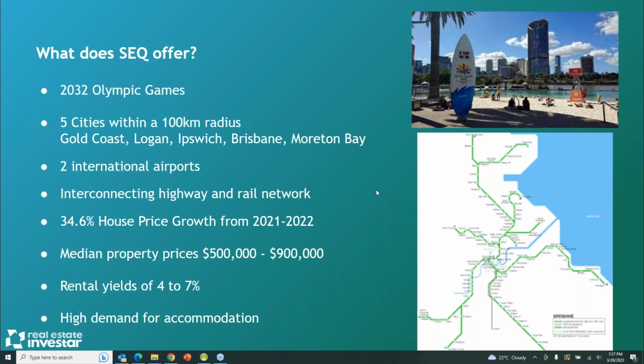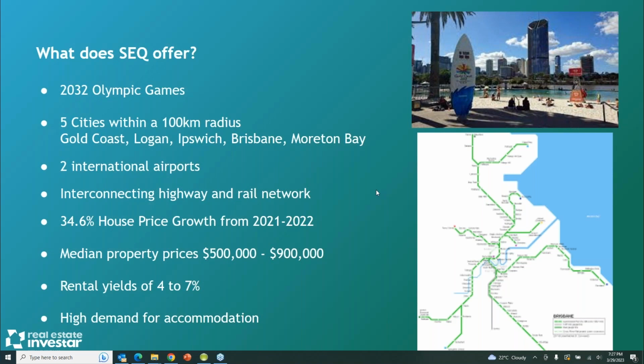We've got 5 cities within a 100-kilometre radius. I think that's pretty unique around Australia. So we've got the LGAs of Gold Coast, Logan, Ipswich, Brisbane, and Moreton Bay. So 5 large LGAs. There's 2 international airports, the Brisbane International Airport and the Gold Coast, and they would be within about an hour and a half of each other, domestic and international airports, which is really important.